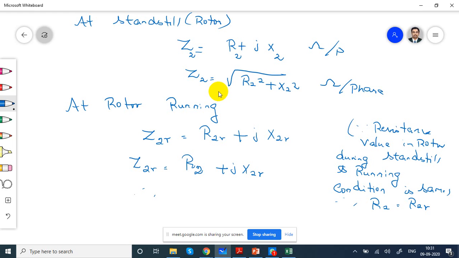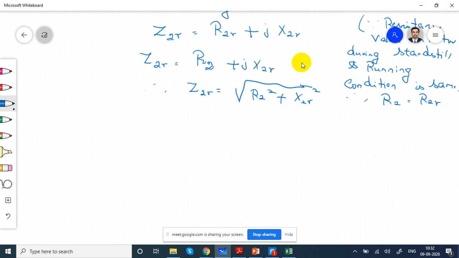If you take the magnitude, you will get Z2R equal to square root of R2 square plus X2R square. This is the magnitude of impedance.